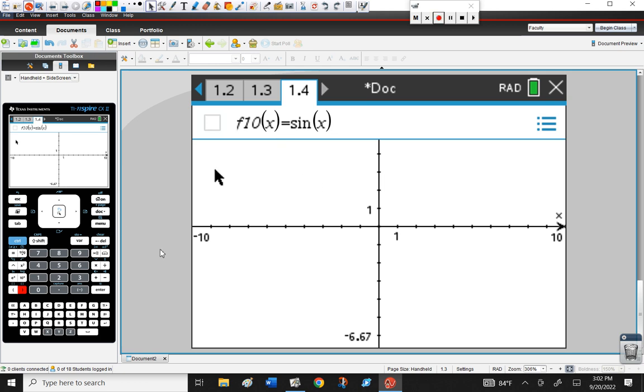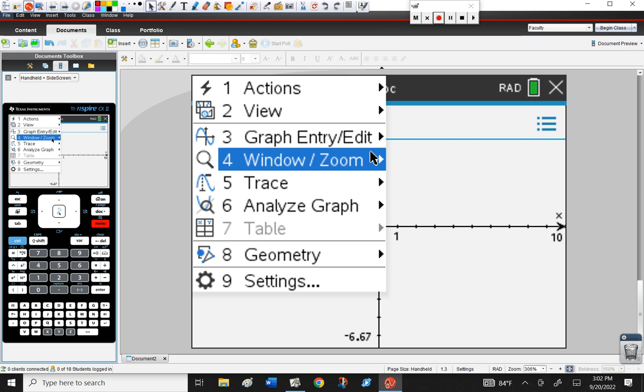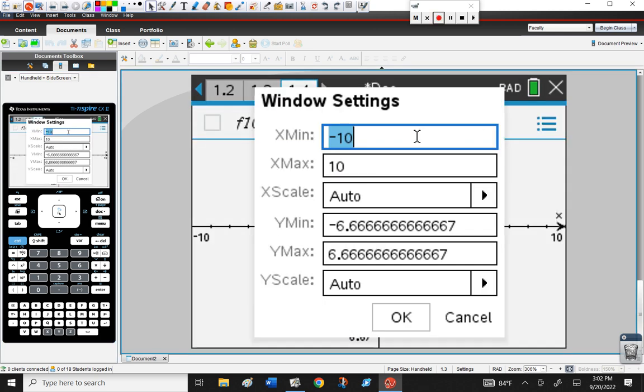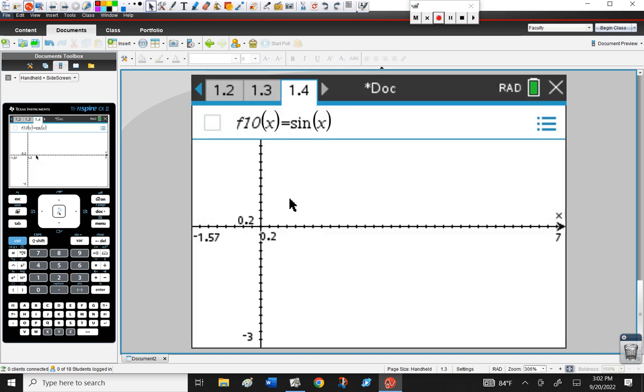And it's going to draw the sine of x, but I'm going to change the window. So I'm going to go to the window, and I'm going to set the window at negative 1.57 to 7. And this is going to be negative 3, and then the next one's going to be positive 3. Okay, and I'm going to ask it to graph it.